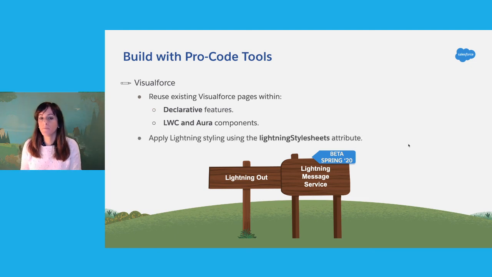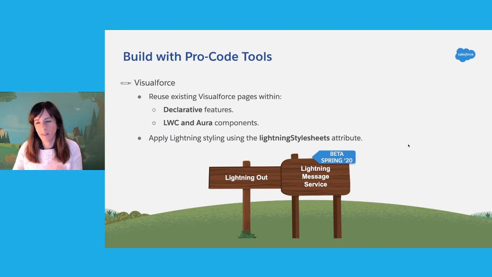So, there's something else I want to talk about related to Visualforce pages. If you want to keep using your Visualforce pages in Lightning Experience, there is also a little trick that you can apply, which is to use the lightningStylesheets attribute. This attribute is something that you apply to the page, and if you are using standard Visualforce components, those components are going to be styled like Lightning Experience.